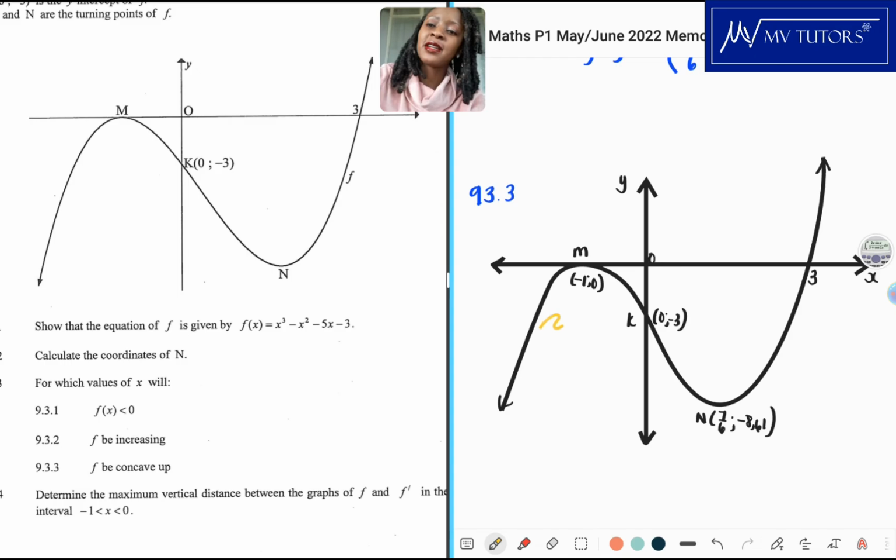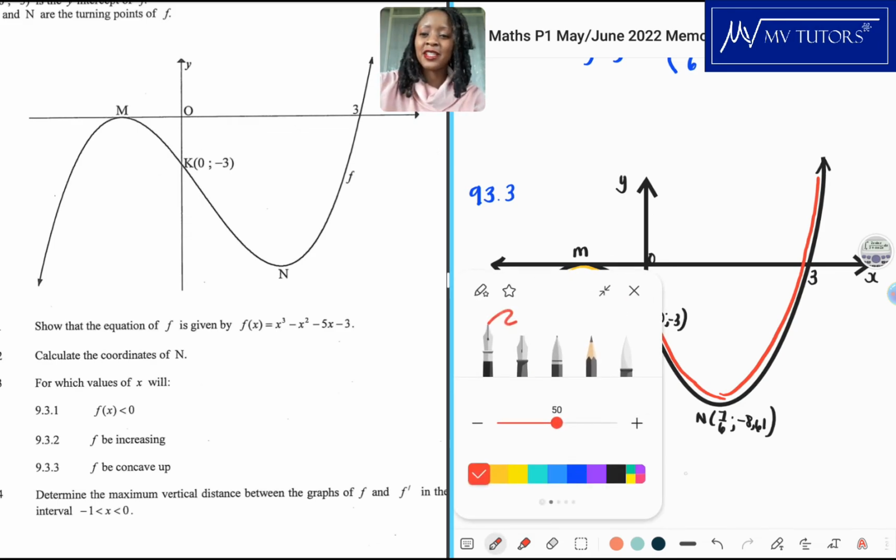So concave down is this region, but we are looking for concave up, which is in this region over here. Now, what do we call the point where it transitions from concave down to concave up? Yes, it's called the point of inflection. Thank you.